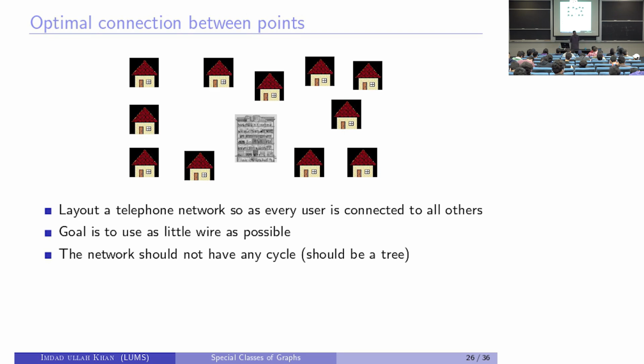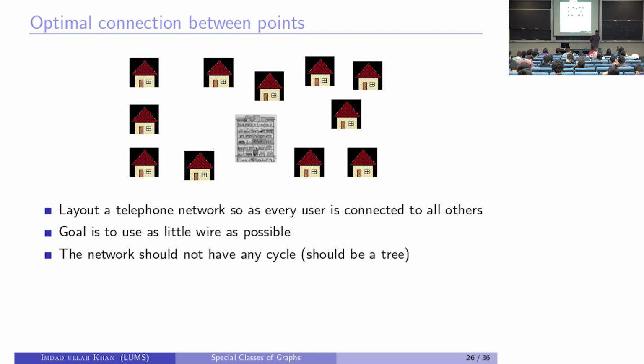Very obviously, think, should this network have a cycle? Why not a cycle? Remember we said a tree has every edge very critical. Removing any edge will disconnect it. You don't want disconnectivity, right? You want a connected graph, so everybody can send a message to everyone else.